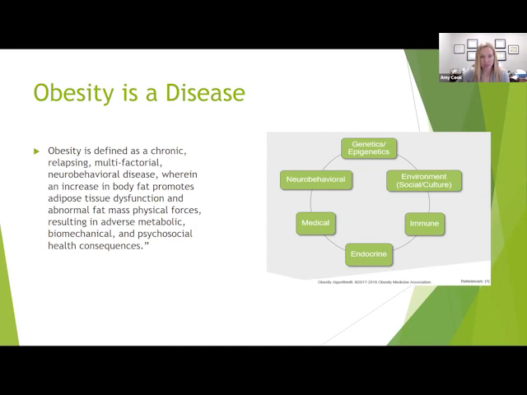And now as a disease also, there are lots of factors that contribute to obesity as a disease, including genetics and epigenetics, environmental or social issues. There is the endocrine and immune system, but also medical or medications and the neurobehavioral aspects too.